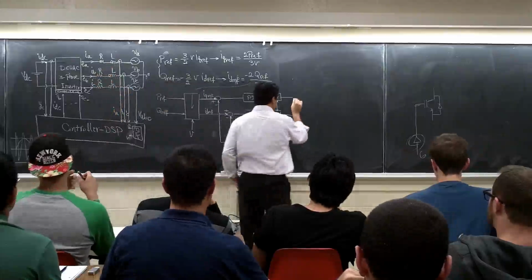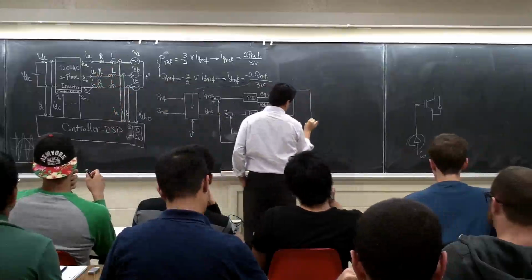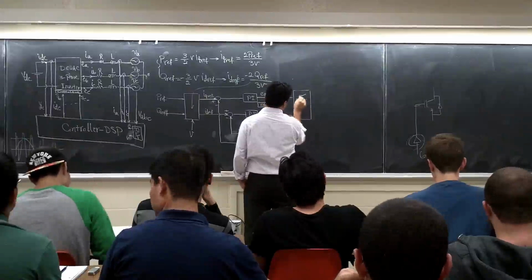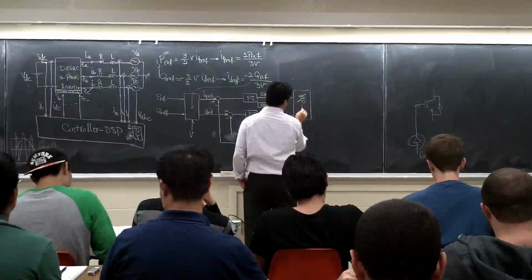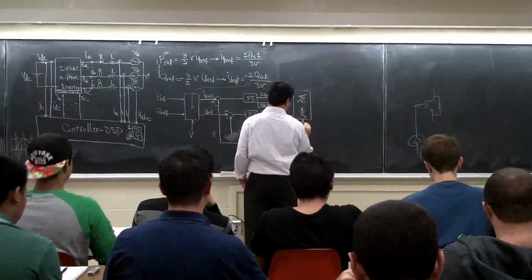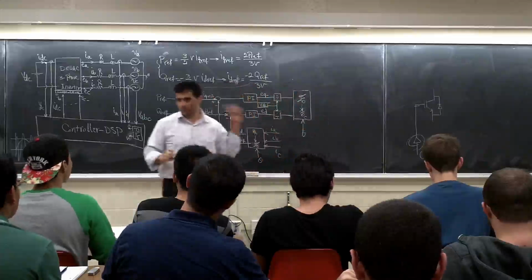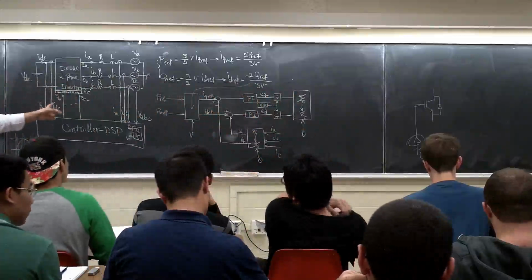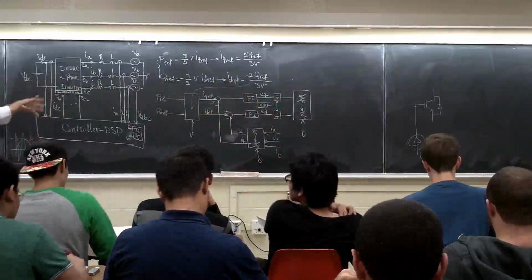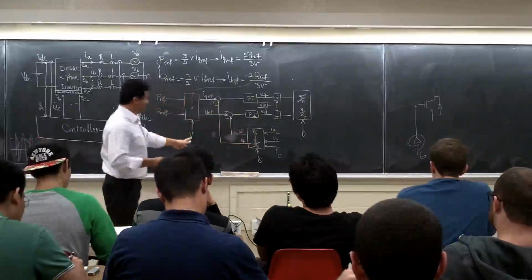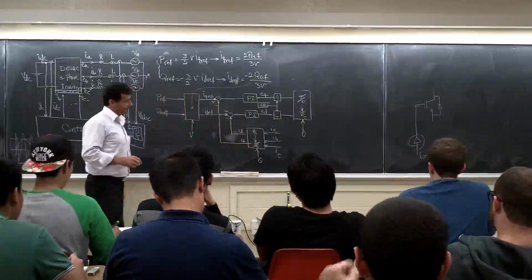Now, these two are going to come here, and now we have a DQO to ABC. And again, we need theta here. Every time we are doing this transformation, we need a theta, right? Now you can see how important the PLL is. We are not going to talk about it, but it is important, because the PLL is going to give us the theta, and the V here, to calculate all these things.